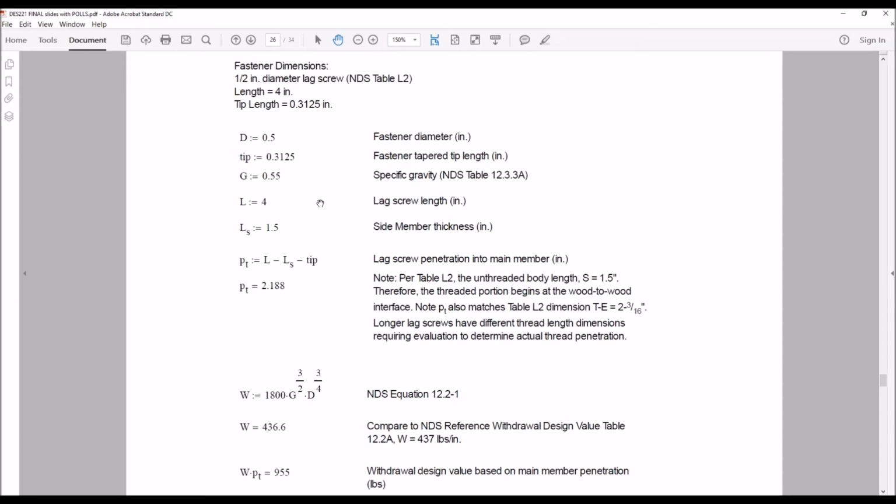The lag screw we said is 4 inches long. Our side member is 1.5 inches thick, so that's this L sub S value. The lag screw penetration into the main member is equal to the length of the lag screw minus the side member thickness minus the tip length.